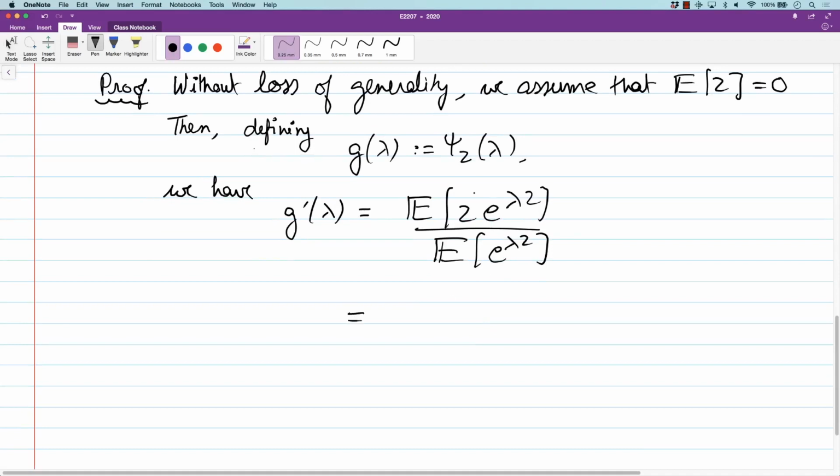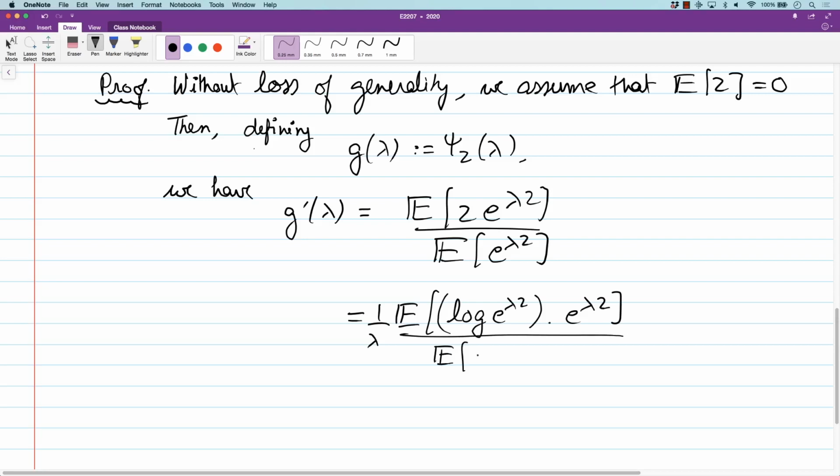So what is this guy though? Note that this is the expected value of log of y divided by lambda, because y was e to the power lambda z. This guy here is 1 by lambda.